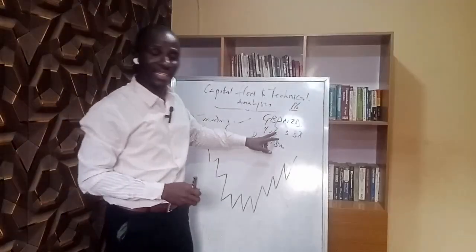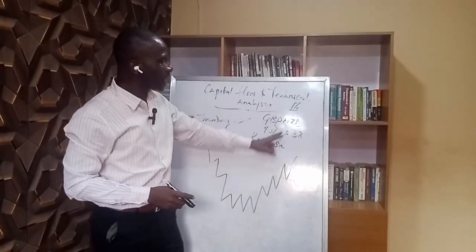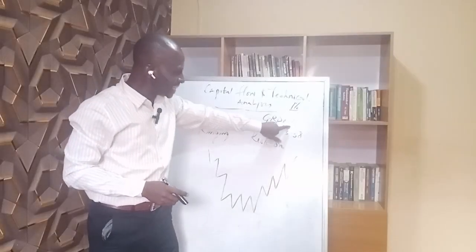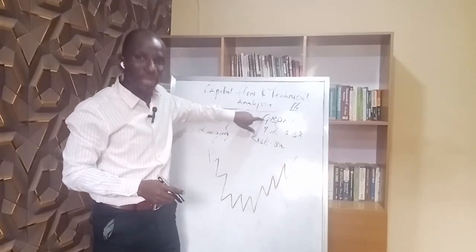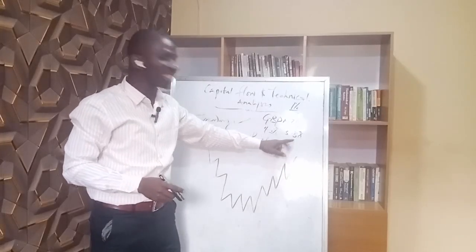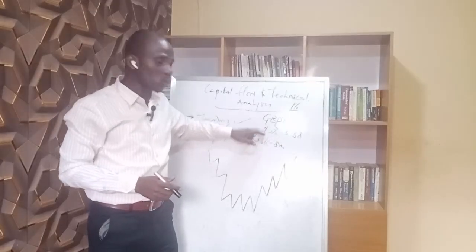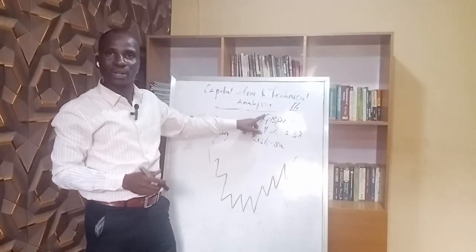Because the divergence in the interest rate fundamentally supports that there will be capital flow from the low yield currency. In this case, NZD is low yield as compared to GBP, because the interest rate is 3.5, while the interest rate for GBP is 4.5. So capital is going to flow from this currency into this currency.